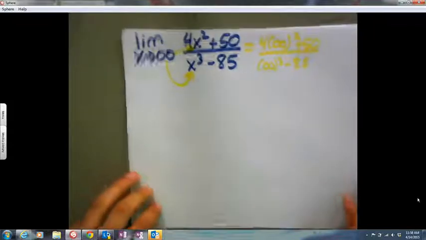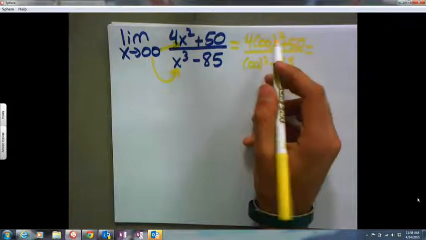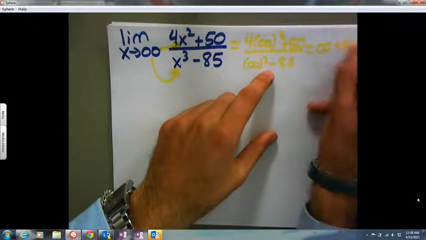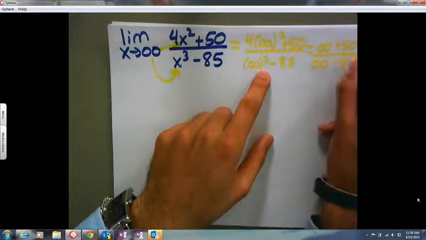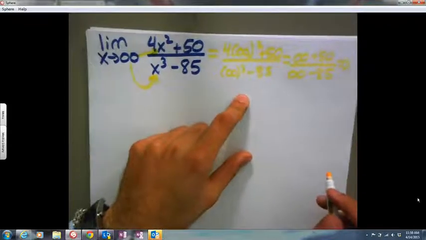So here we have infinity squared times 4, that's just infinity, plus 50. We have infinity cubed, just infinity, minus 85. Infinity plus 50 is infinity. Infinity minus 85 is also infinity.